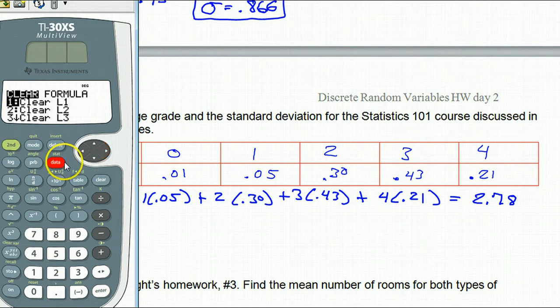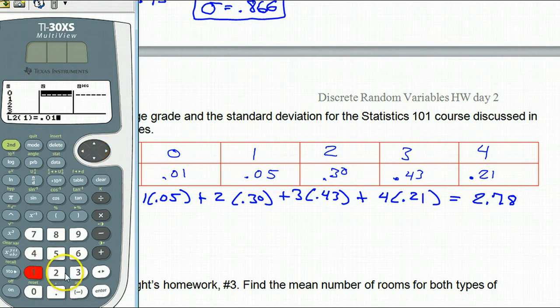By the way, we started from hitting the data button. Then go to list 2, and that's where all your probabilities go. So 0.01, 0.05, 0.30, 0.43, and 0.21.